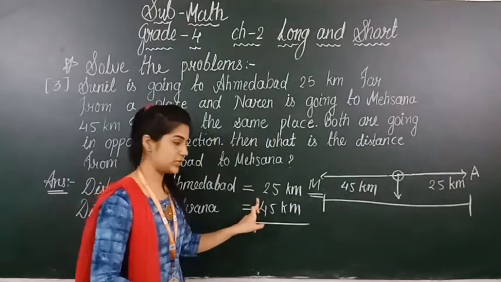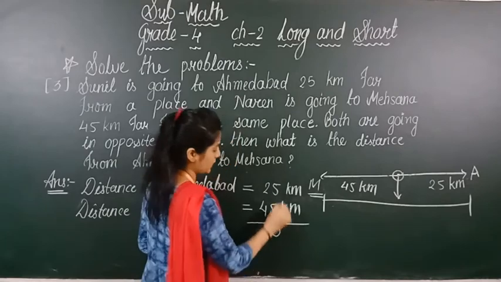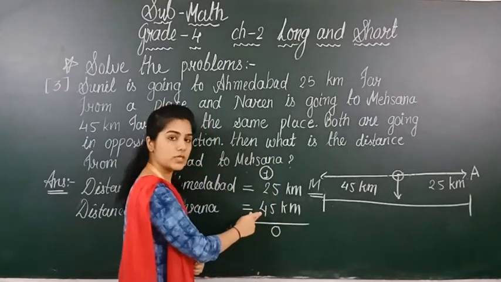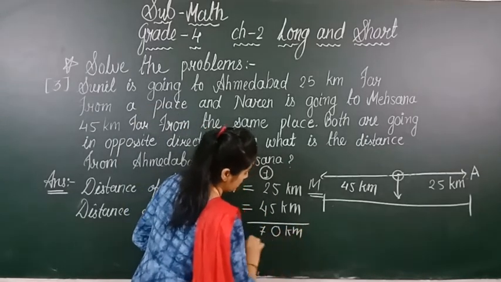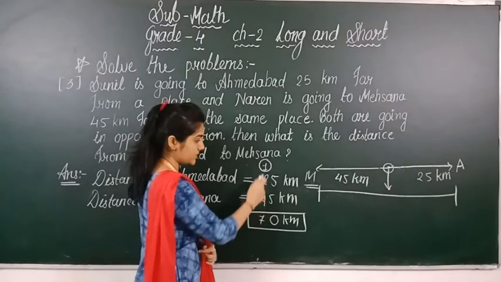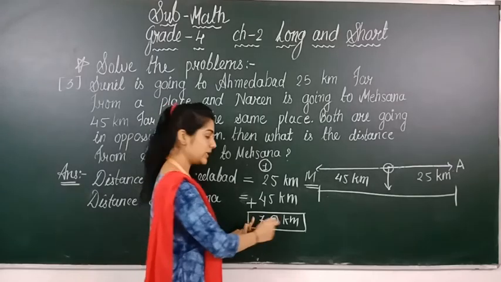We need to do addition. 5 plus 5 is 10, so we put 0 here and carry 1 to the previous number. 2 plus 4 is 6, and 6 plus 1 is 7. So we got the final answer: 70 kilometer.